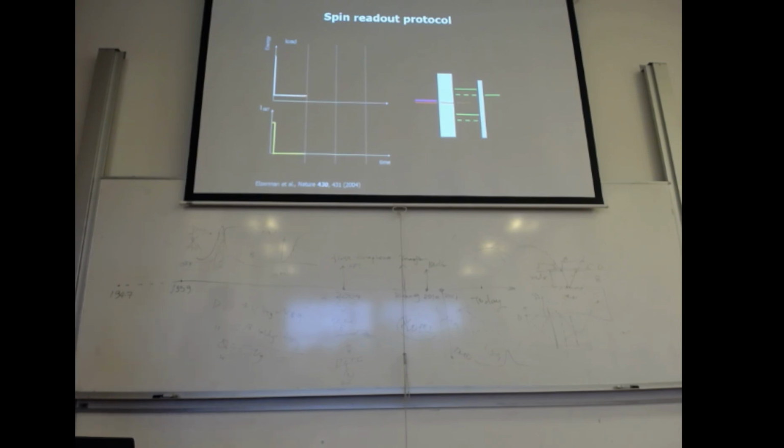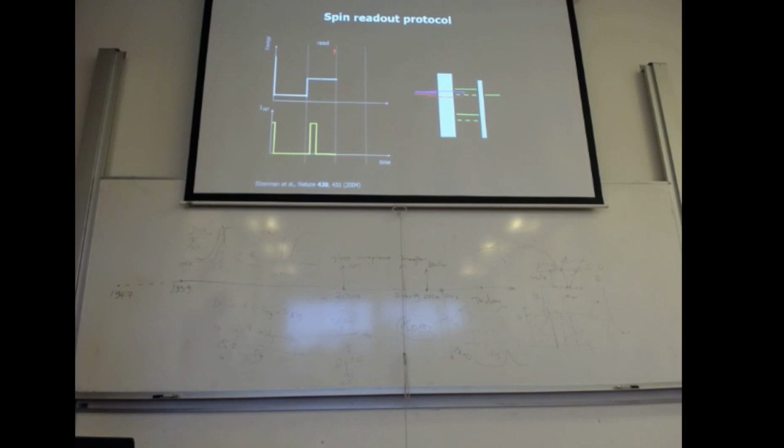So, this is then of course the actual protocol. We have our pulse where we load, so we start from an empty donor, so we start from high current, we plunge it, we put this level below the level of the reservoir, we get at some point an electron tunneling in over here, so current drops to 0. Then we put it in the read position, and if we were in the purple level here in the spin state above this level here, we will, after a time scale determined by the tunneling, observe a little current blip.